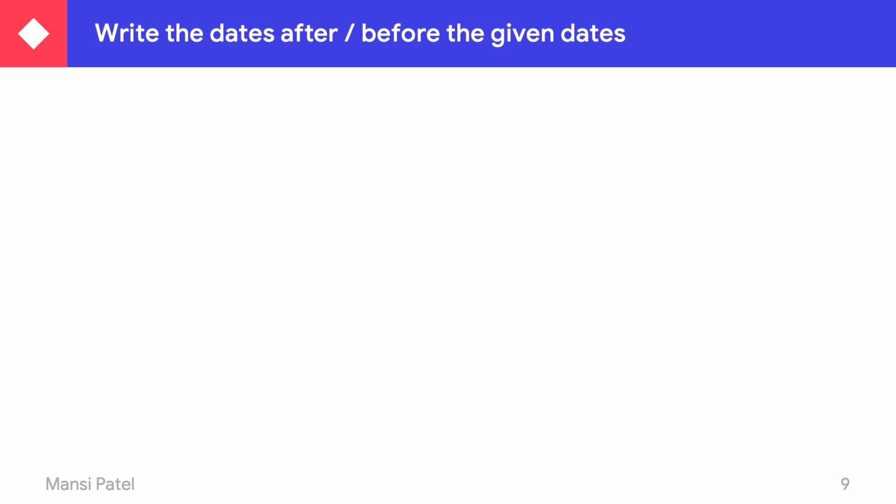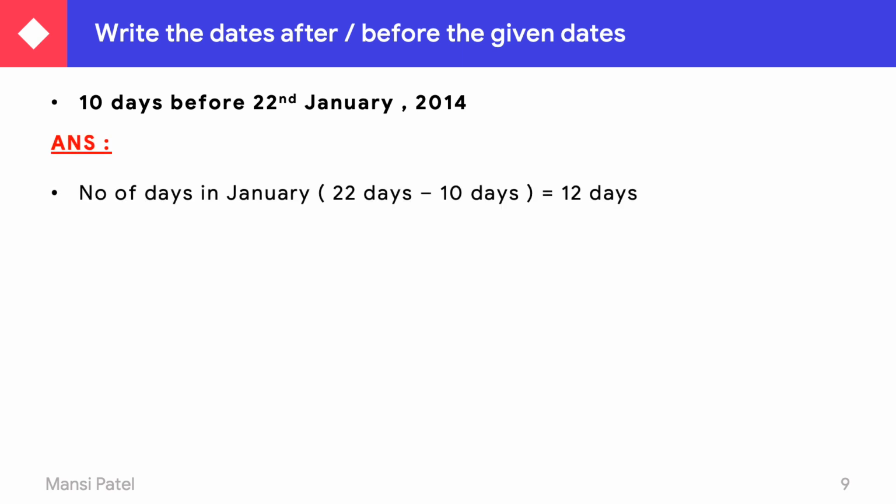Now let us see another example. 10 days before 22nd January 2014. Here they are asking about before. So first we find out the number of days in January. 22 days are there in January, minus 10 days. Why are we doing minus here?